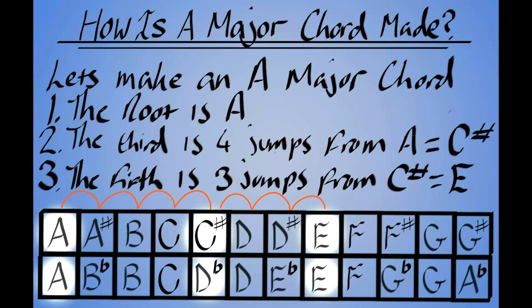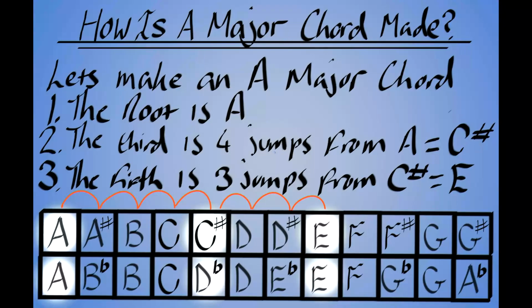So, for example, if you want to make an A major chord, the root is the A. The 3rd is 4 steps from A, so A sharp, B, C, C sharp. C sharp is your 3rd, and the 5th is 3 jumps from C sharp, your 3rd. So C sharp, D, D sharp, E. Yeah, so it's 3 steps.